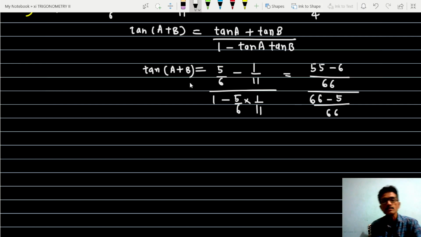So tan of A plus B is equal to, see, this 66 is getting cancelled.